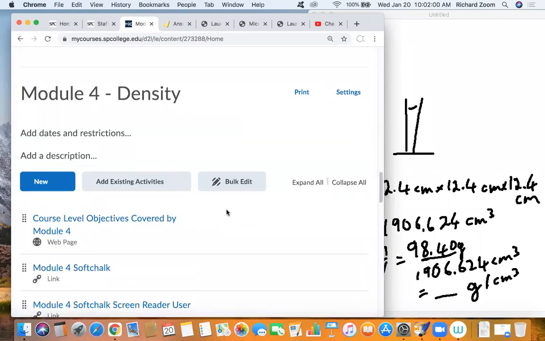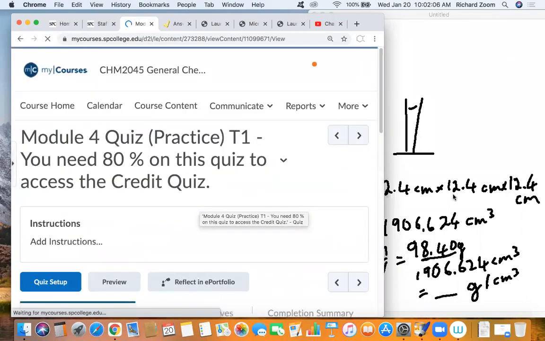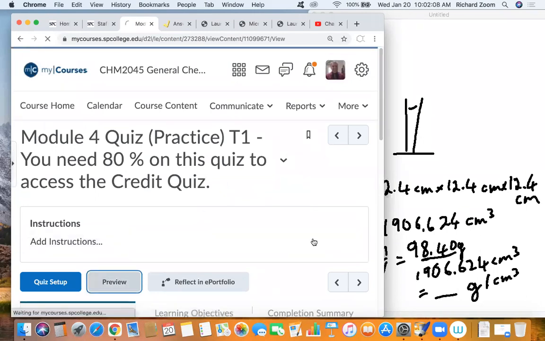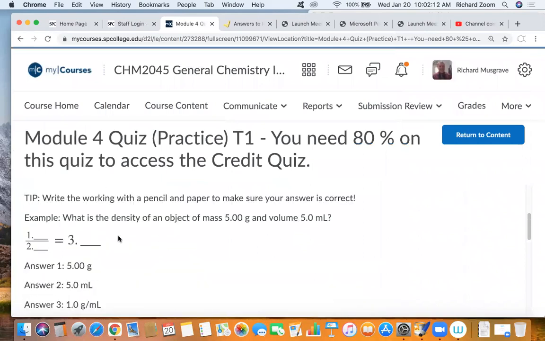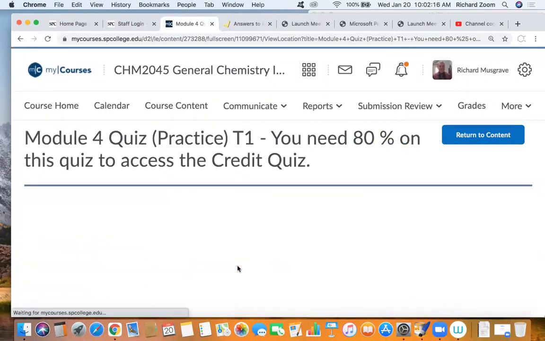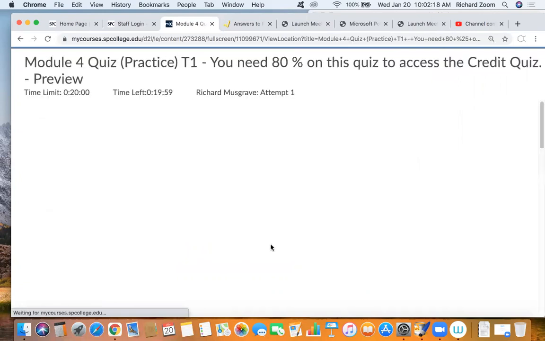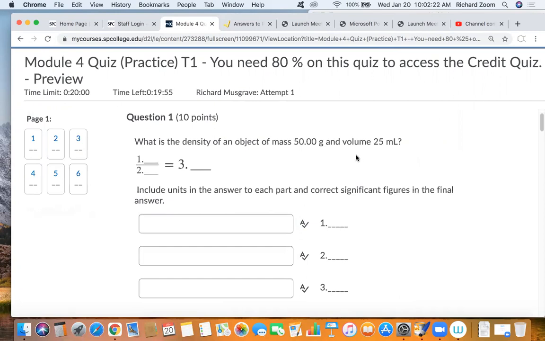Okay, so going back to module 4, we've got the module 4 practice here. And it's going to follow a similar pattern to what we saw with module 3. And again, it's just writing in the answers here. Now, you've got this 50.00 grams.